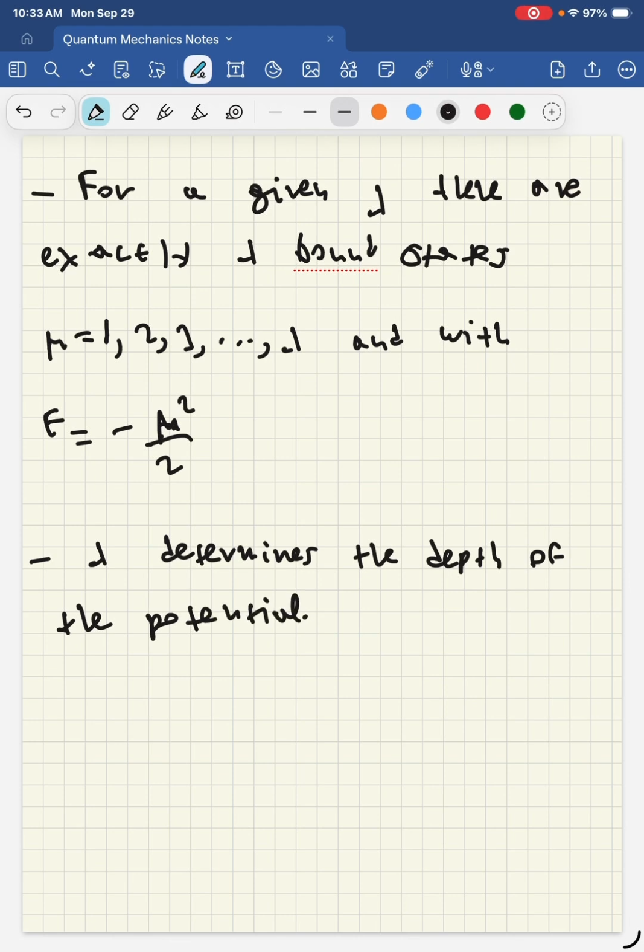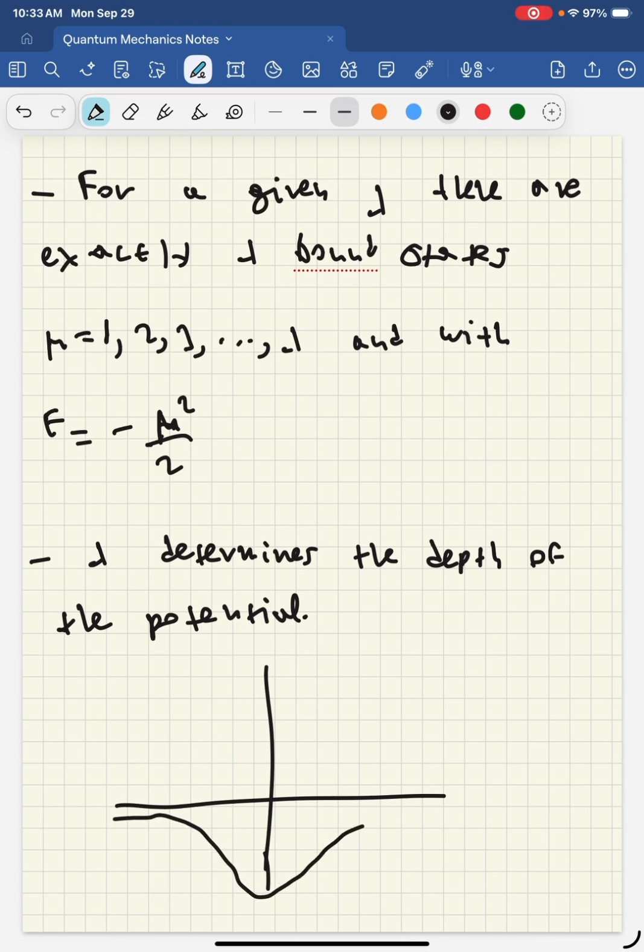Okay, and another thing I haven't mentioned so far, I kind of tricked you, is that since the potential looks like this, remember at some point we made the substitution of 2e equal to minus mu squared. Okay, because minus mu squared corresponds to the bound states. So states that stay within the potential.